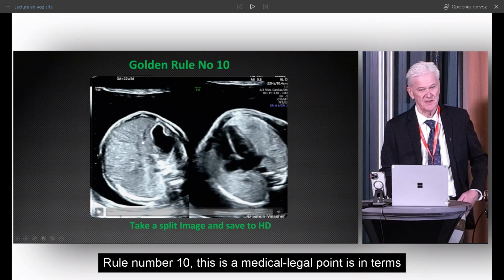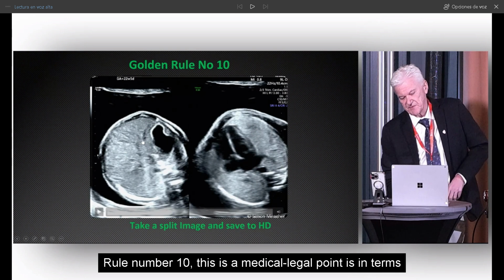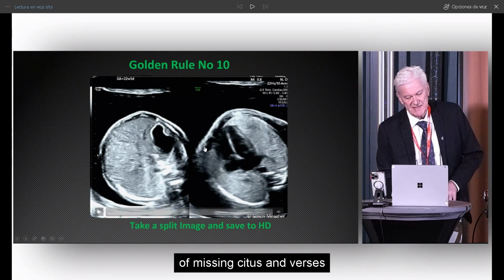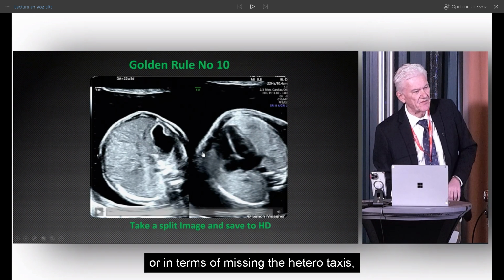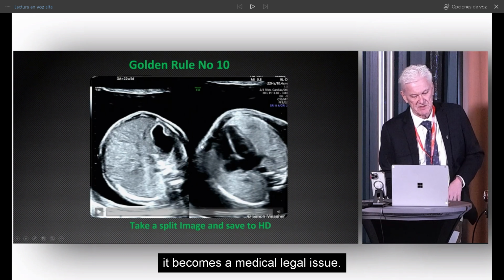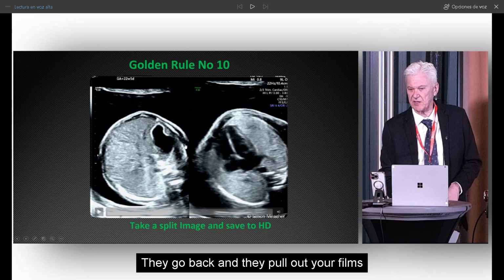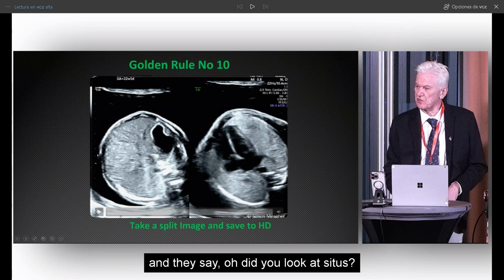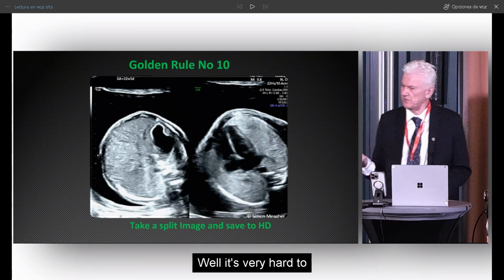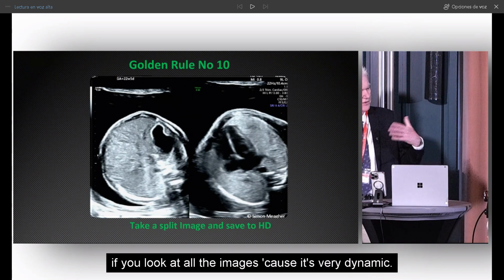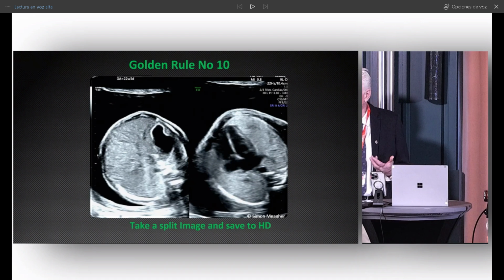Rule number 10. This is a medical legal point. In terms of missing situs inversus, or in terms of missing the heterotaxy, it becomes a medical legal issue. They go back and they pull out your films and they say, oh, did you look at situs? Well, it's very hard to show an examiner you looked at situs if you look at all the images, because it's very dynamic.